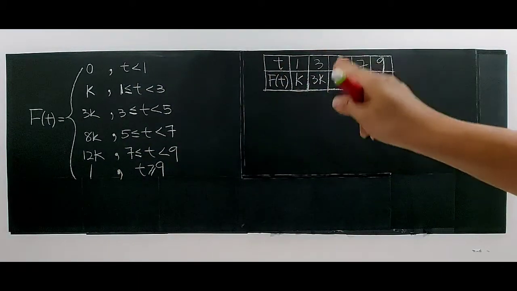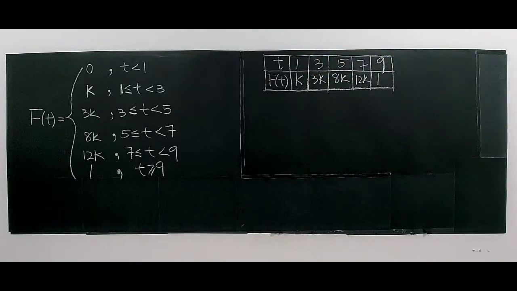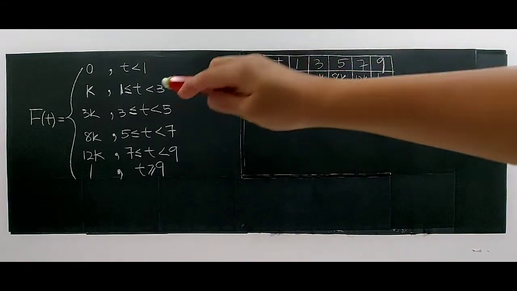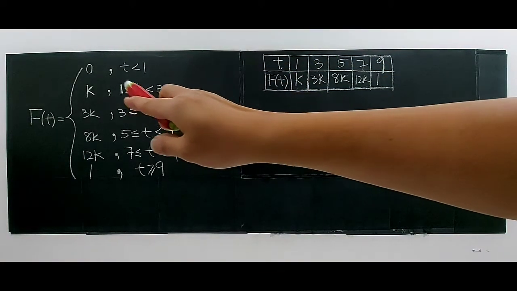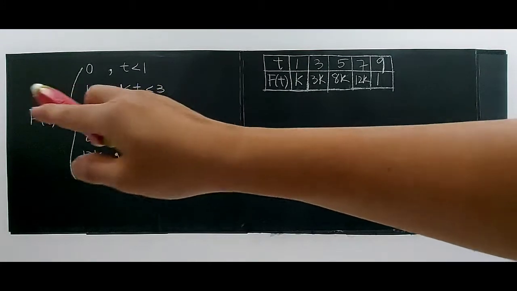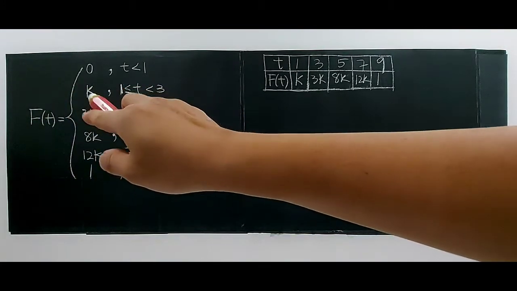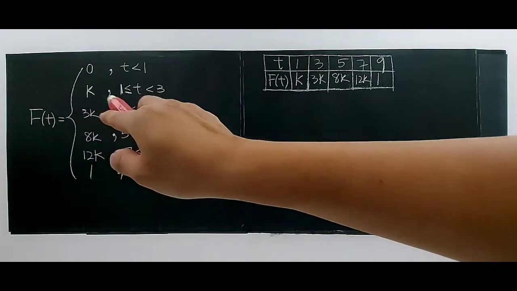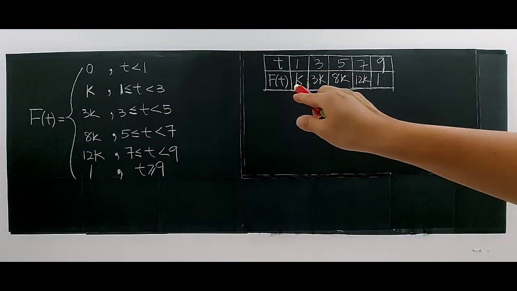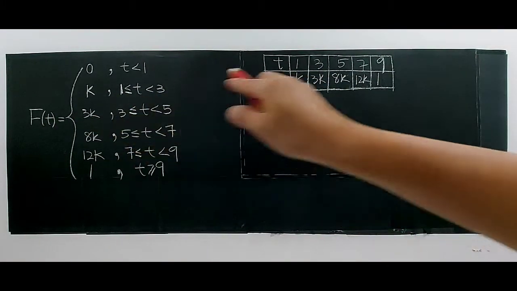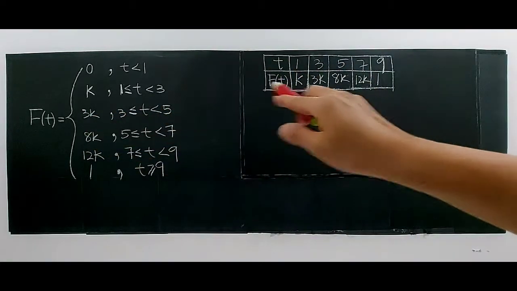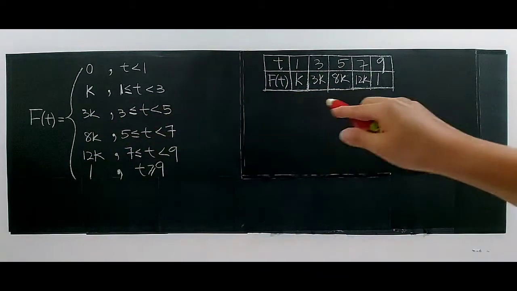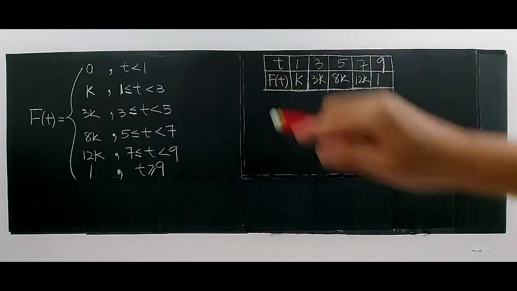Then you have 1, 3, 5, 7, 9 as the discrete random variable. When t equals 1, the k here means F(1) is k. Followed by t equals 3, it will be 3k. You just transfer all this into the cumulative distribution table.